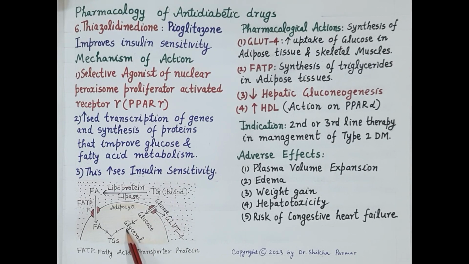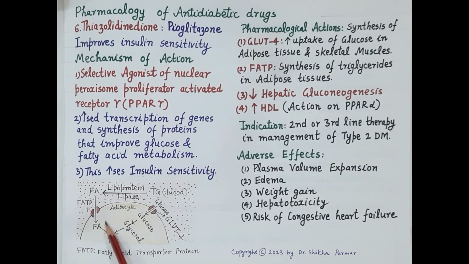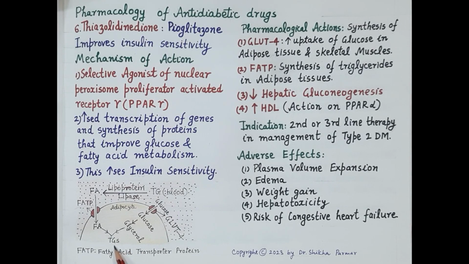Now, in fat cells, glucose is converted to glycerol. Now, lipoprotein lipase breaks triglycerides in the blood to fatty acids. Now, these fatty acids are transported inside the fat cells by fatty acid transporter proteins or FATP. Now, inside the fat cells, these fatty acids combine with glycerol to produce triglycerides which are stored.